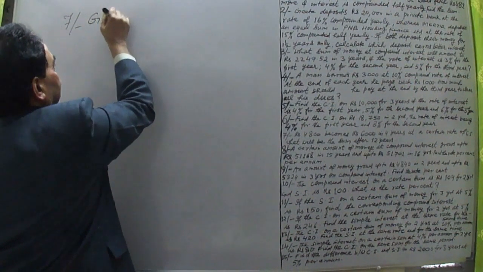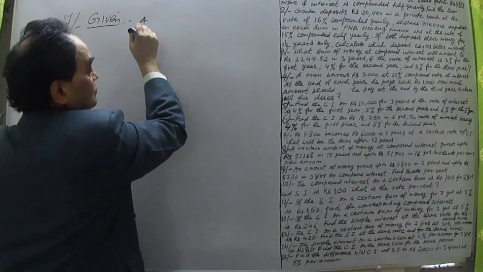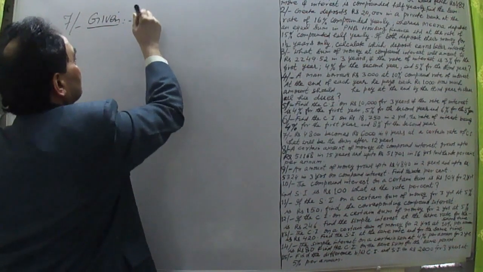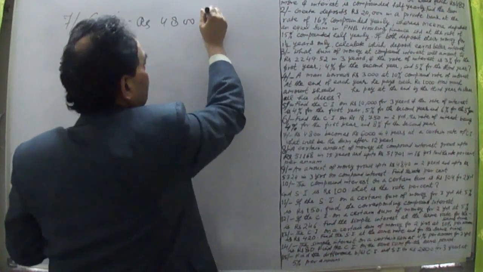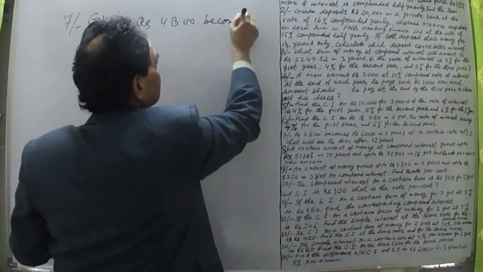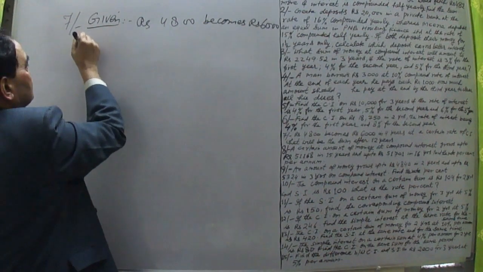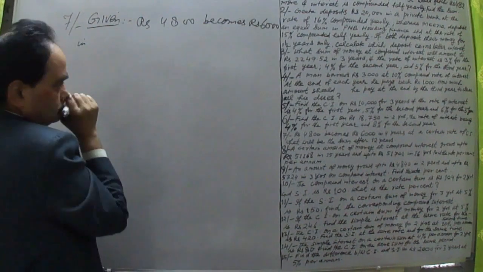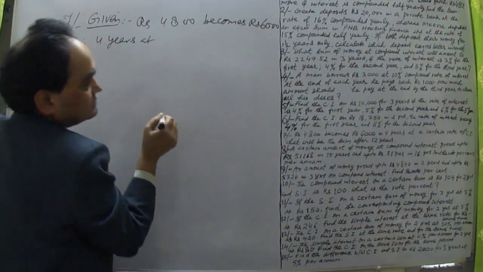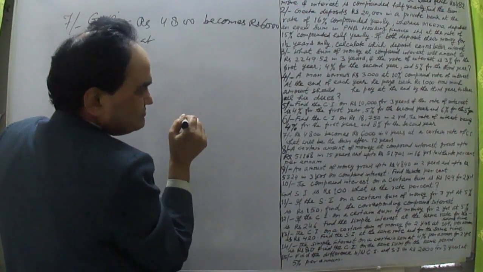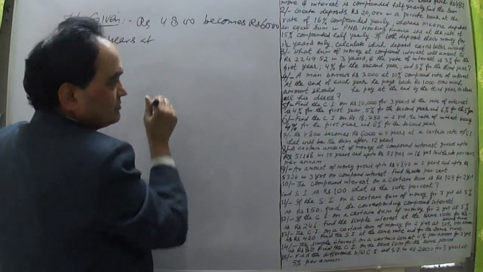It says rupees 4,800 becomes rupees 6,000 in 4 years at a certain rate of interest.